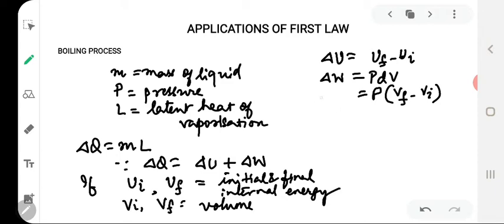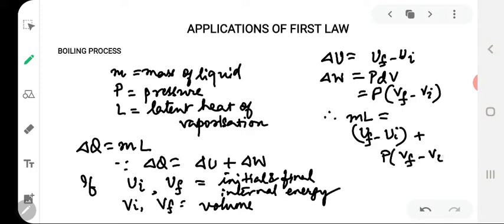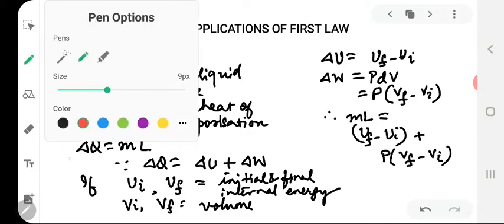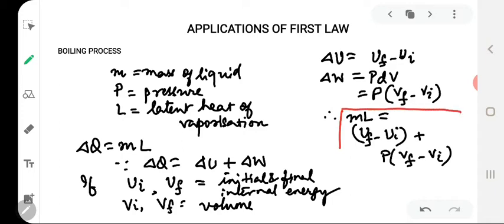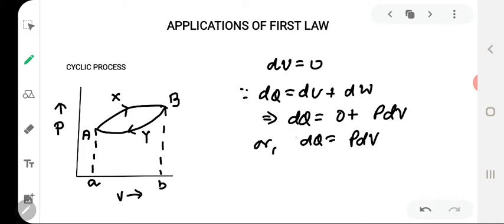Therefore, we can write that delta Q, which is equal to m into L, is equal to change in internal energy plus external work done. So this is how we can represent the first law of thermodynamics for the boiling process. This is how we will represent it for a cyclic process.